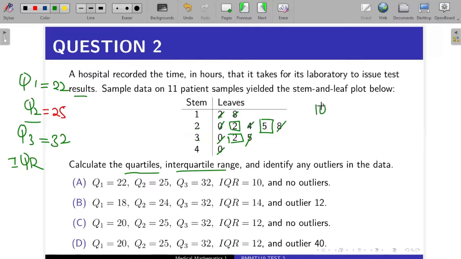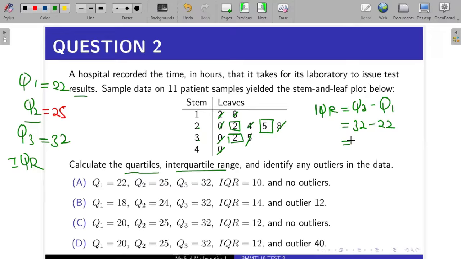The interquartile range is the difference between Q3 and Q1, which will just be 32 minus 22. This will give me 20. Okay, so is the interquartile range 10 or 20?